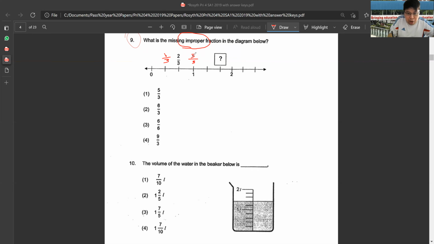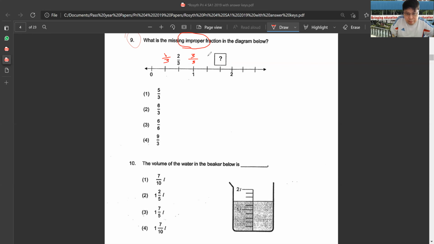So 1 you can rewrite as 3/3. Are you aware 1 can be rewritten as 3/3? Yes, this is a very important concept. So each space, or each gap, or each line is 1/3. So I have 1/3, 2/3, 3/3.